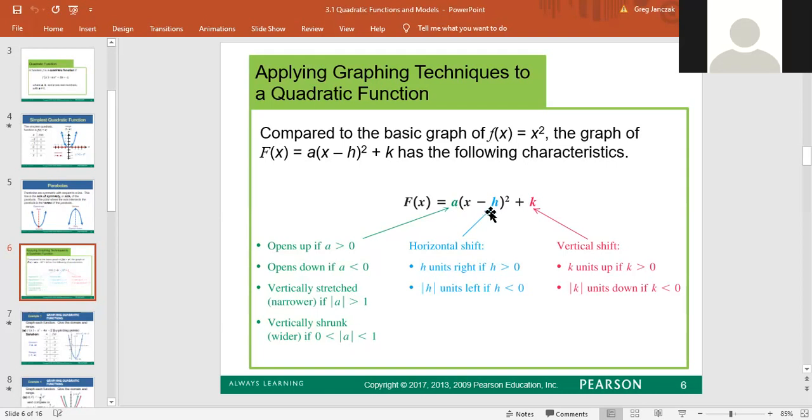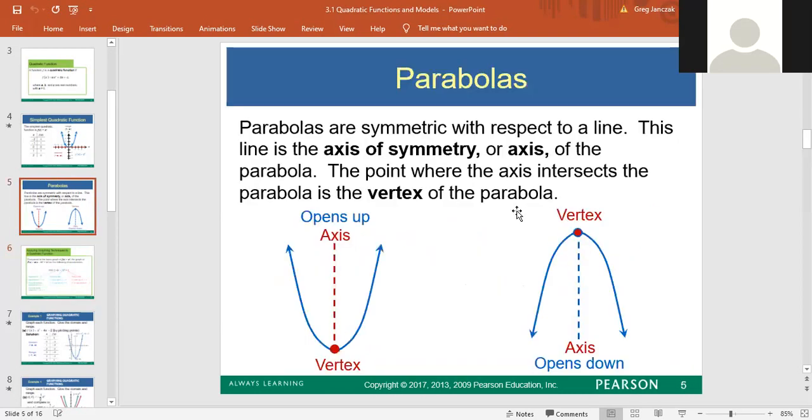This x minus h inside parentheses is going to make it shift to the right, so it does the opposite of what it does outside of the parentheses. Plus k is going to make the graph move up or down. If k is positive, it moves up. If k is negative, it moves down. So h and k are the x and y components of the vertex, which is what we showed here in red.